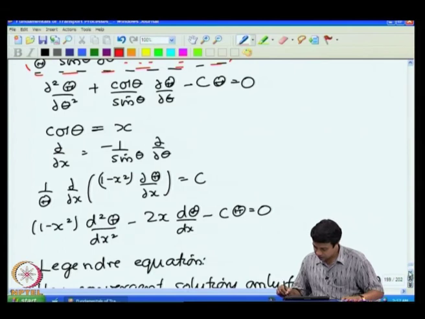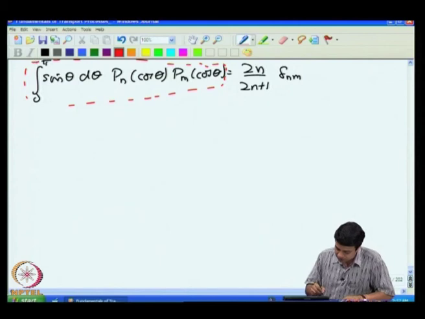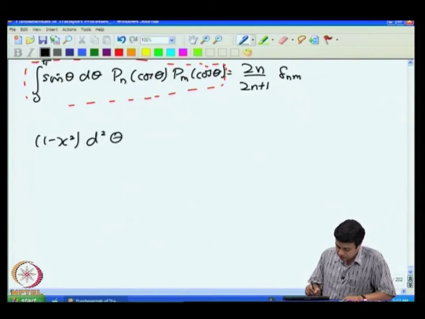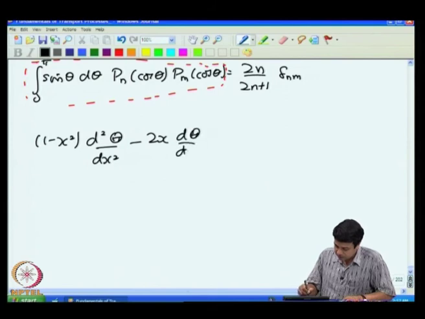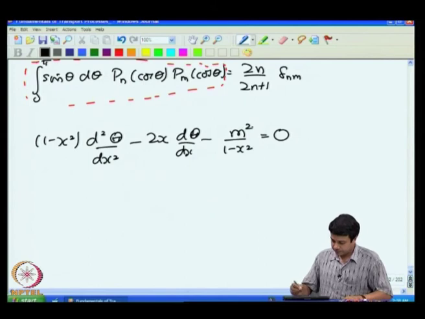What happens when m is not equal to 0? When m is not equal to 0, the equation becomes of the form 1 minus x square d square theta by dx square minus 2x d theta by dx minus m square by 1 minus x square theta is equal to 0.